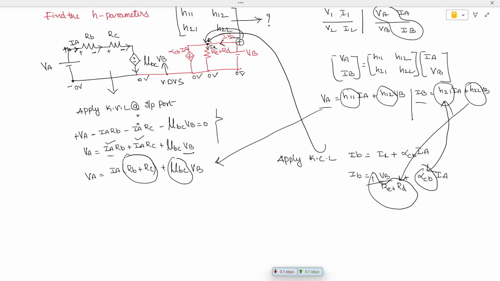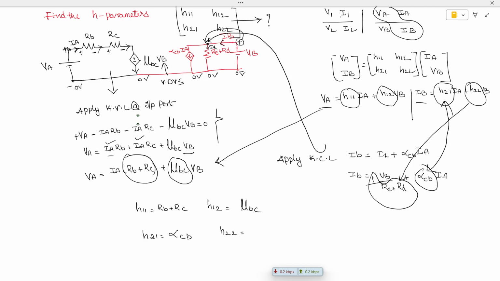So now let's write it in matrix form. H11 is equal to RB plus RC. H12 is equal to mu BC. H21 is equal to alpha CB.